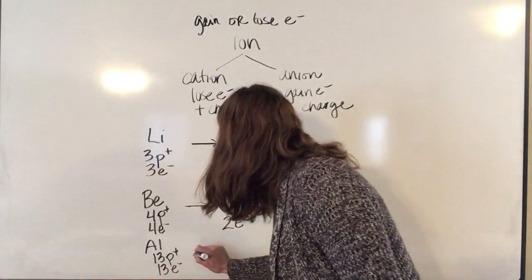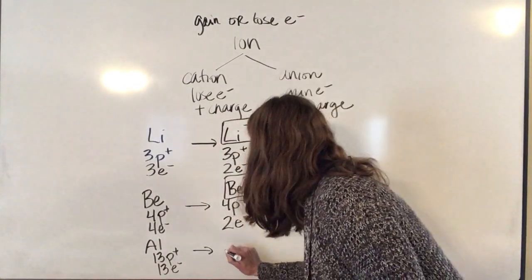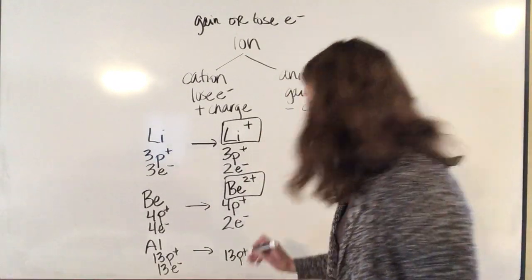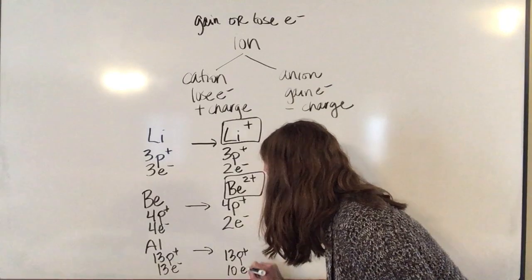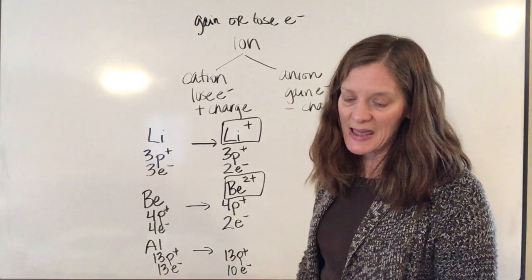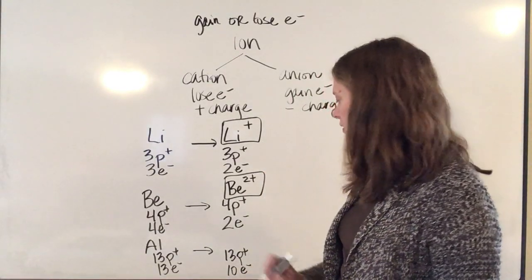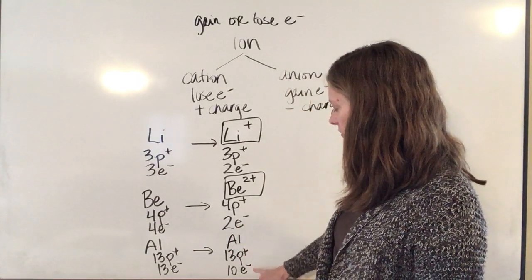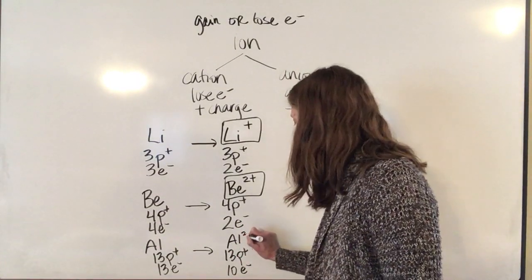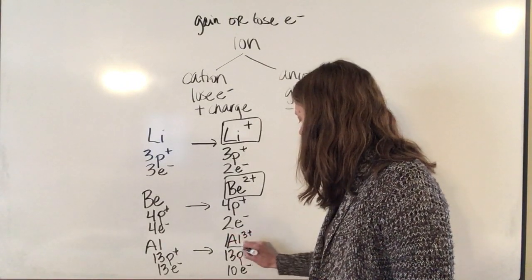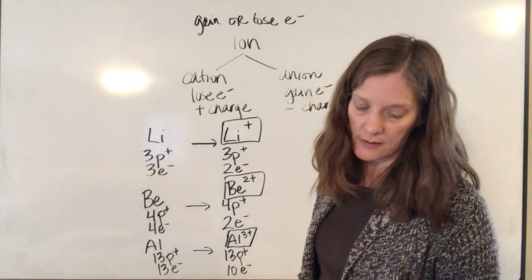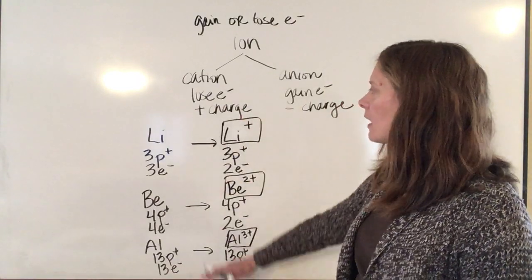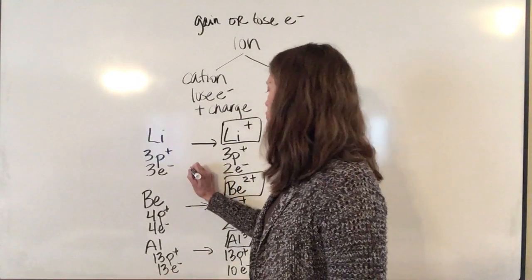And so if it still has 13 protons, but let's say that it loses 3 electrons this time, now I'm going to be down to 10 electrons. So what is that going to look like? Well, that aluminum has 3 more positives than it does negatives, so it's going to have a positive 3 charge. All right, so those are cations where I have lost electrons.